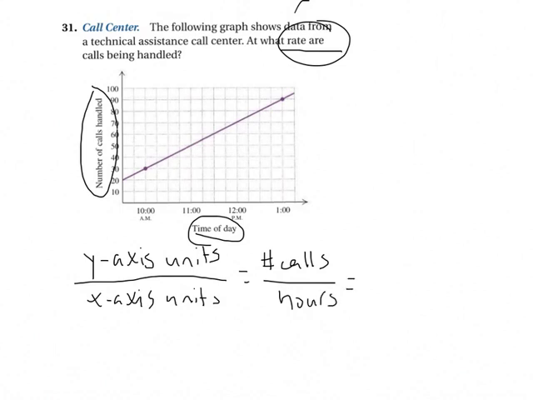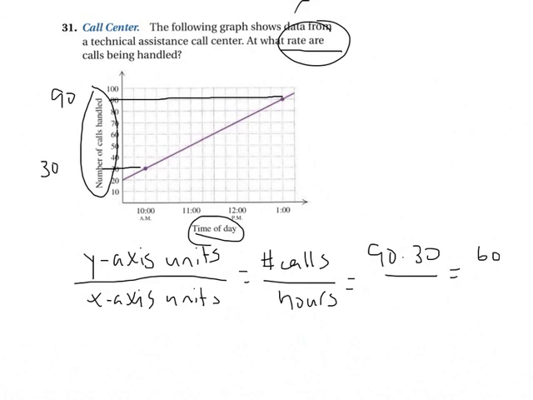The way we figure this is we look at the 2 points on the graph to find number of calls. We draw lines over to the y-axis. We see that here it's 90, here it's 30, and we calculate the difference between them.